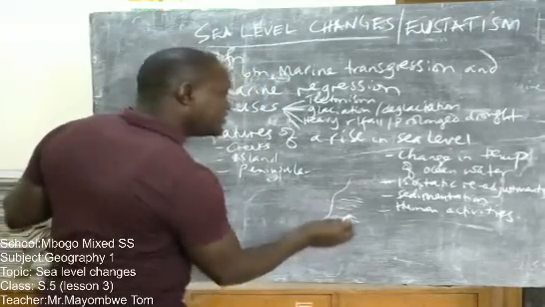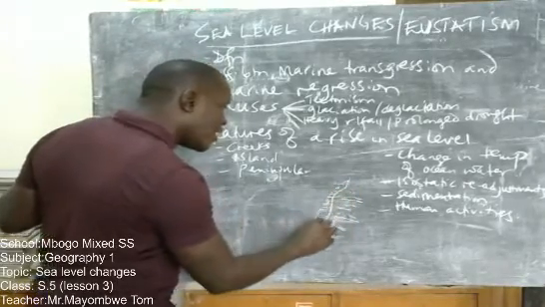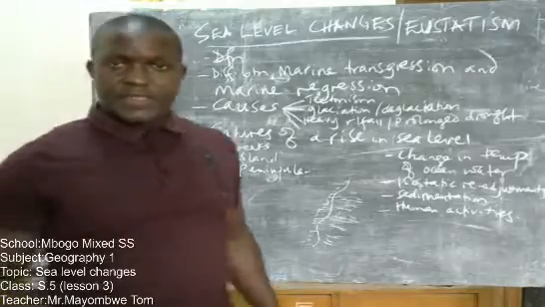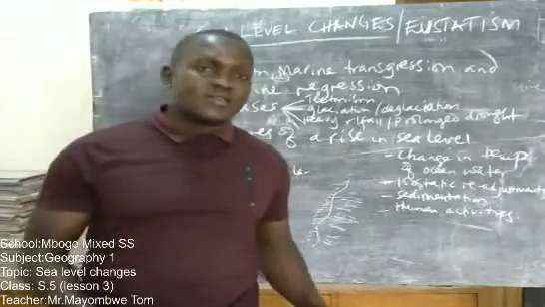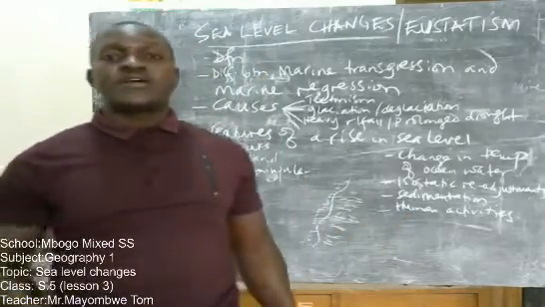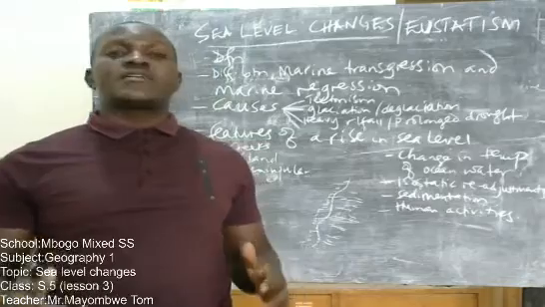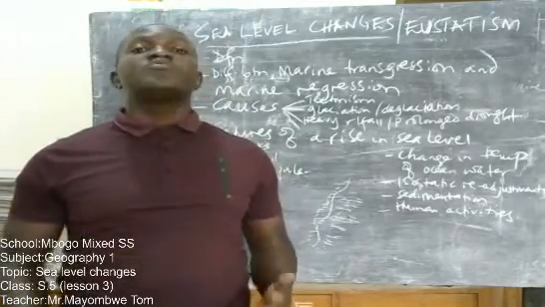So when there is a rise in the sea level, the water is going to cover the features here around the coast. That is why I have said that when a rise in the sea level occurs, there is submergence of coastal features, meaning that the features along the coast are going to be covered by the water. They are going to be submerged.